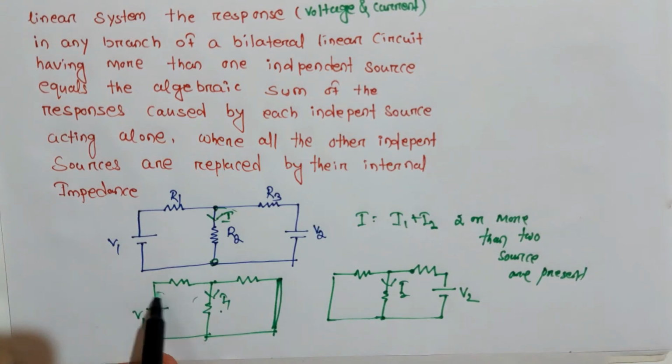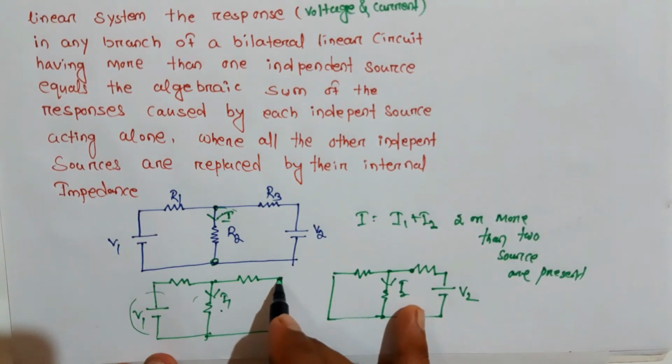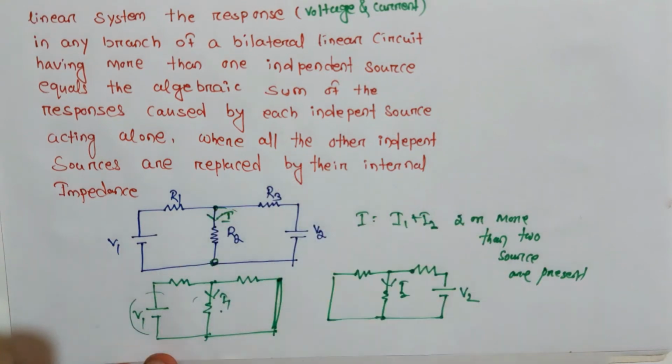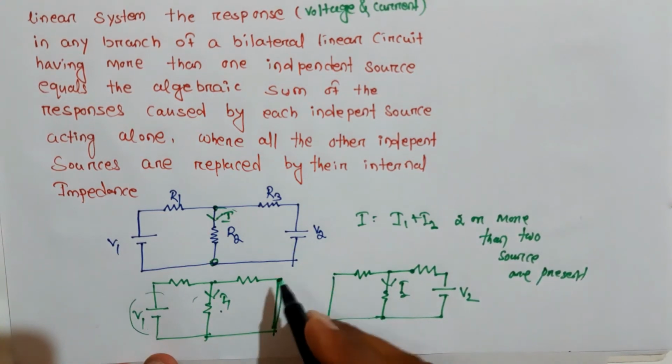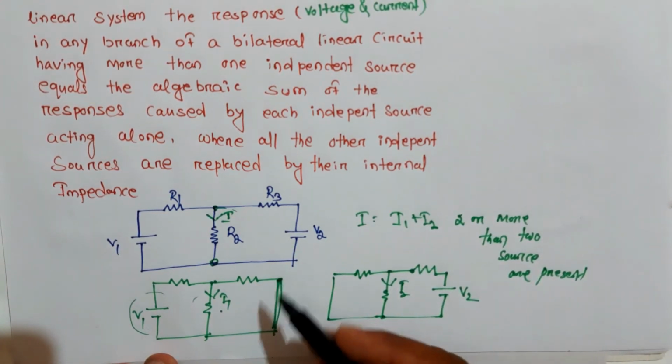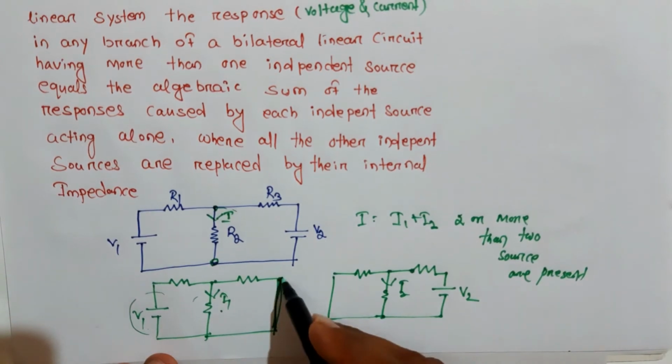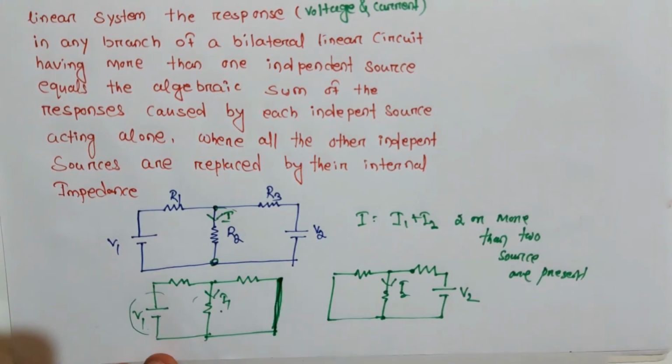When we consider one source, all other sources are replaced by their internal impedance. We all know practically any source contains internal impedance, or in a DC circuit we only consider resistance. Here we consider an ideal source, so it has zero resistance or impedance, so it is short circuited.